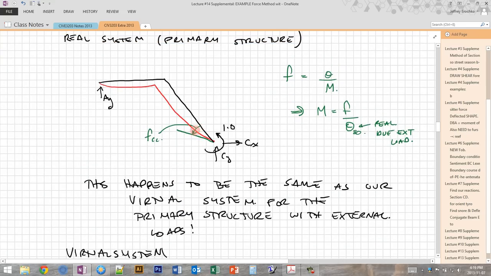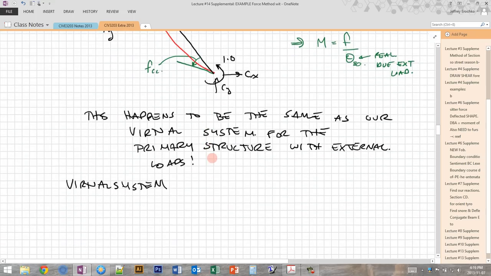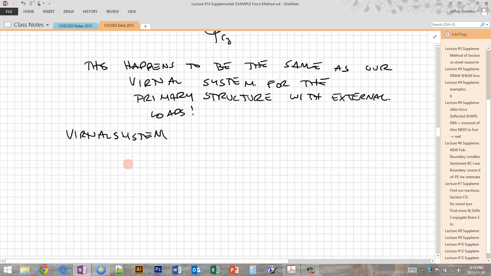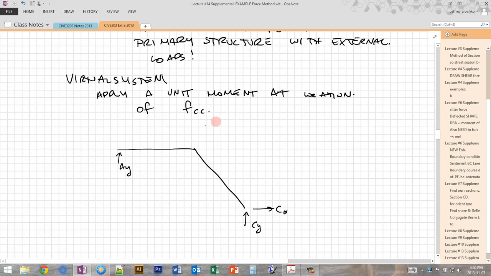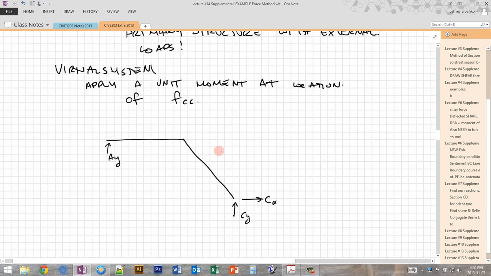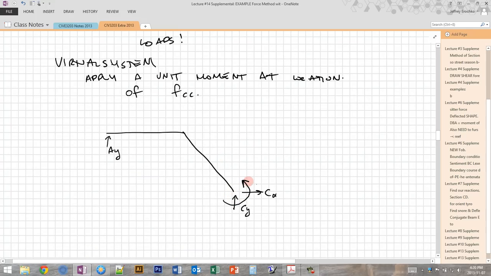So here we want to find a rotation about C, which means we have to apply a unit moment at C. So our virtual system, if we start with our primary structure again, is that we apply a unit moment at point C. And this again happens to be the same as the real system, which is great because again it saves us a lot of work.